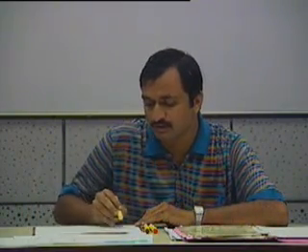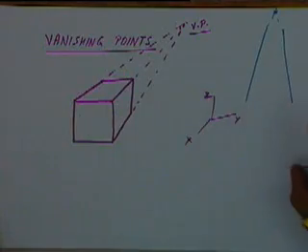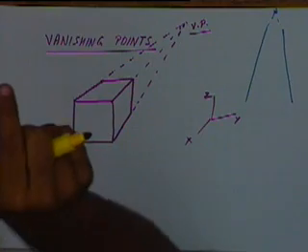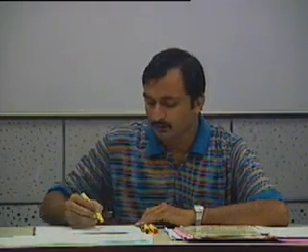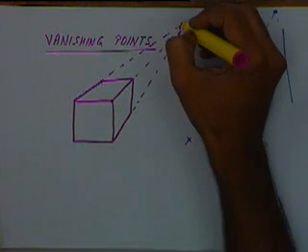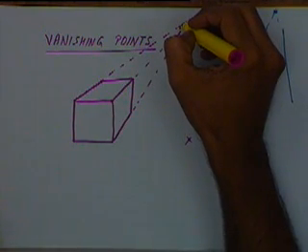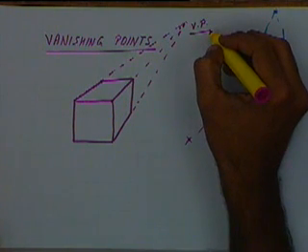Lines in the z direction will also continue to remain parallel. But two parallel lines in the x direction will seem to come from a point a finite distance away. So this is one vanishing point.